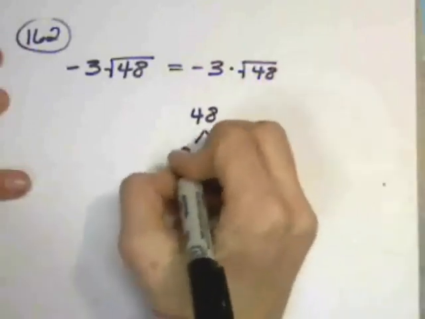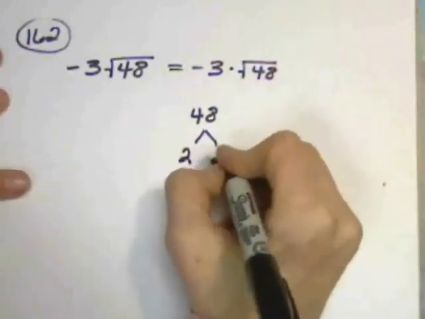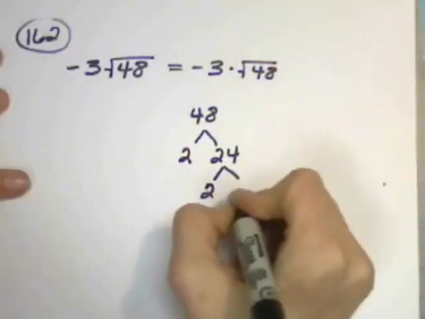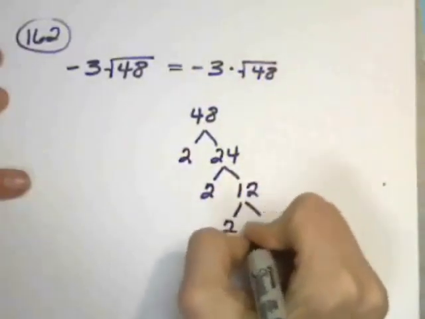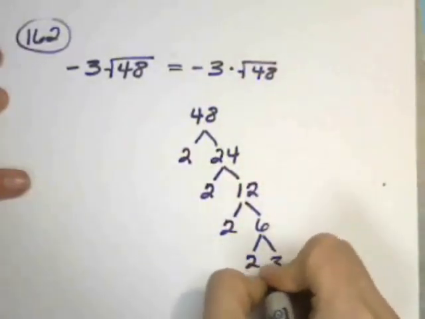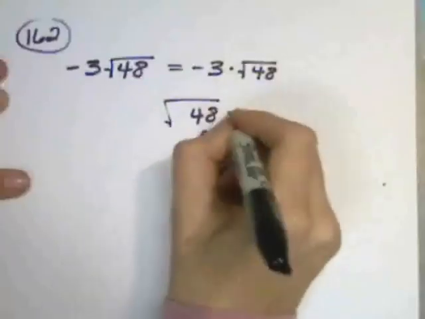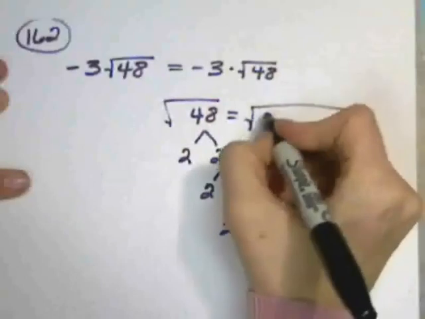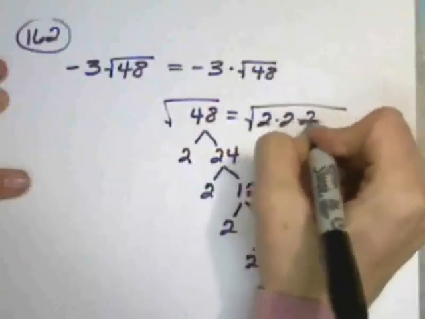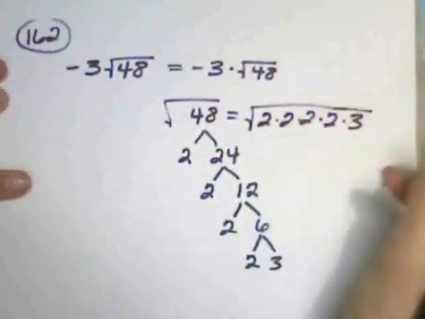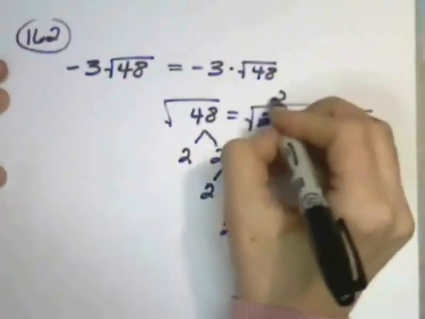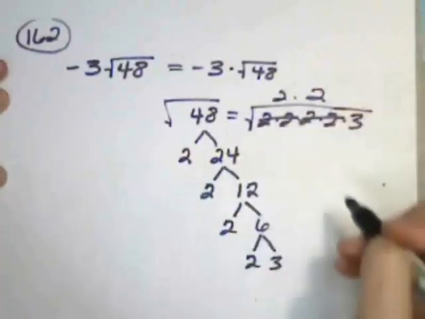So the 48, we'll say 2. 2 times 24 gives me 48. Another 2 times 12, a 2 times 6, and a 2 times 3. So the square root of 48 is equal to the square root of 2 times 2 times 2 times 2 times 3. So I have a 2 times a 2 and a 3 left up under there.